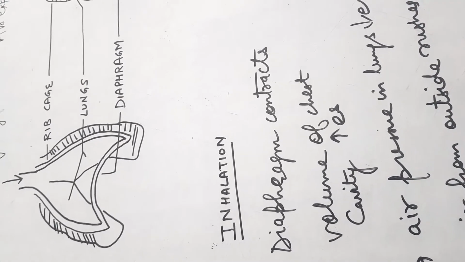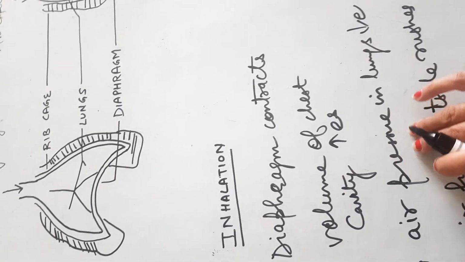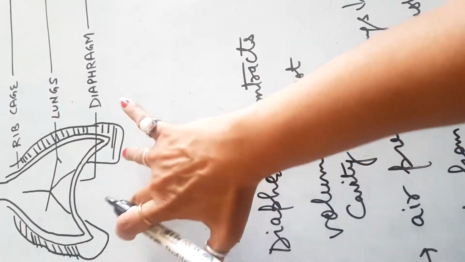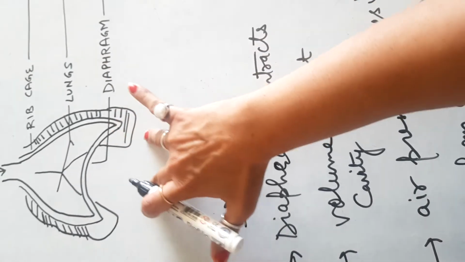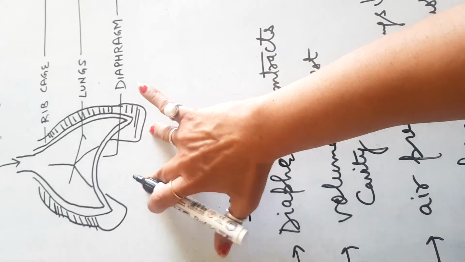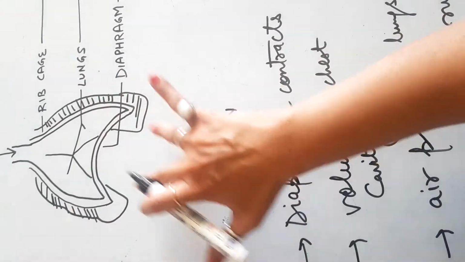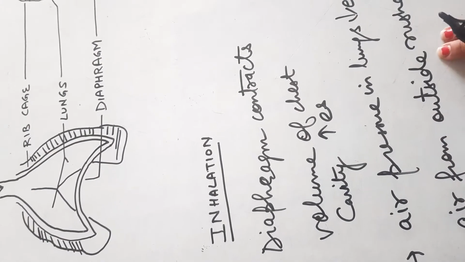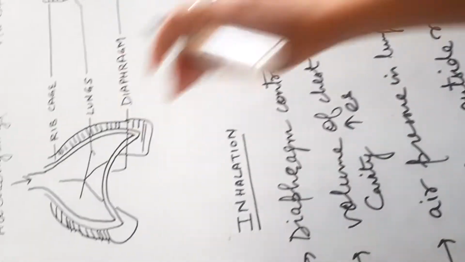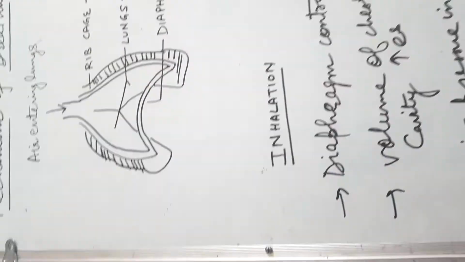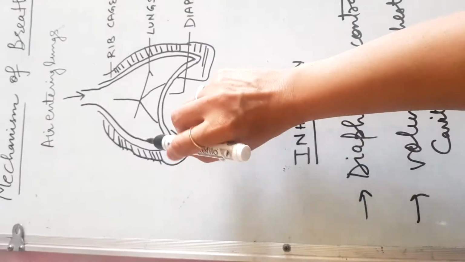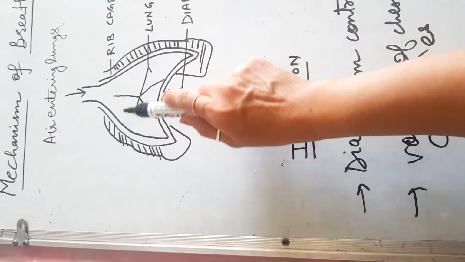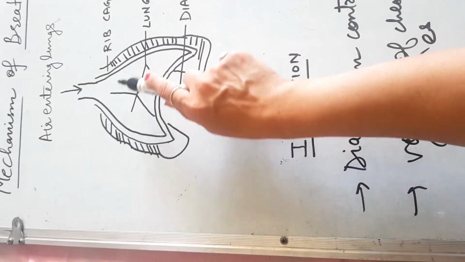So due to the increase in thoracic cavity volume, the diaphragm contracts, the air pressure in the lungs decreases, and air from outside rushes in, and hence the air enters our lungs. Therefore the air sacs in the lungs get filled with air when we breathe in.